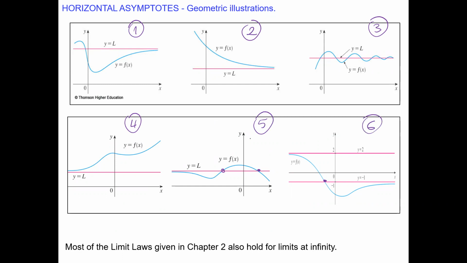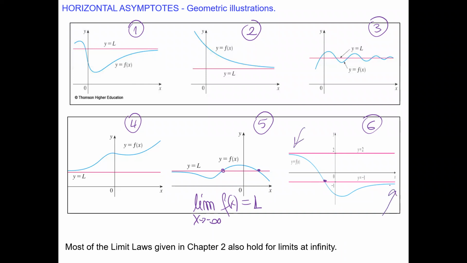For instance, function 5 definitely has a limit at infinity on negative infinity only, because at positive infinity the function goes down and doesn't have a horizontal asymptote. Function 6 has the 2 and negative 1 horizontal asymptotes at negative infinity and positive infinity respectively.